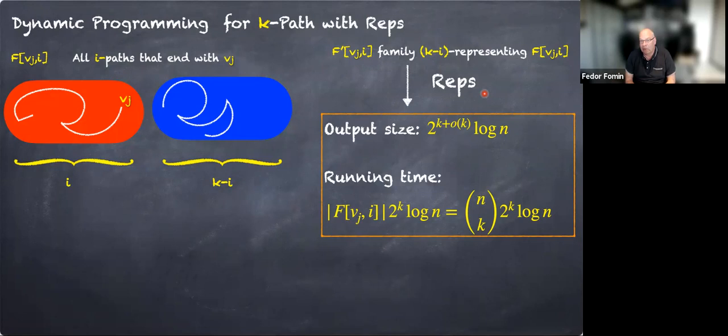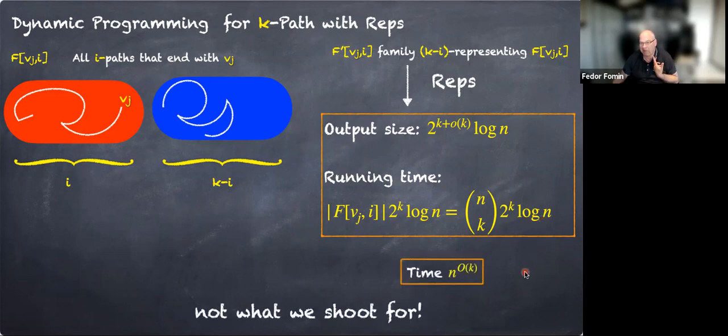When I have a family F, I want to output a new representative family of size 2 power k times log n, and the running time to find this representative set will depend on the size of the family F, which is n choose k times 2 power k log n.